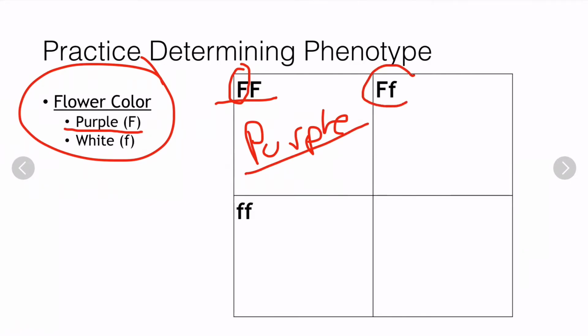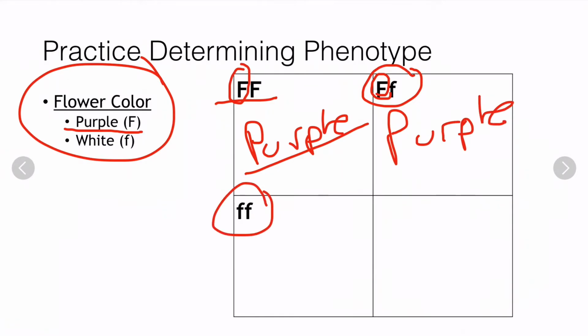What if our genotype was heterozygous? What would our phenotype be then? Well, there's at least one dominant allele, so the dominant trait will be expressed, which is purple. And here you can see there are no dominant alleles. It's two recessive alleles, homozygous recessive. So would the phenotype for this genotype be purple or white? It would be white.